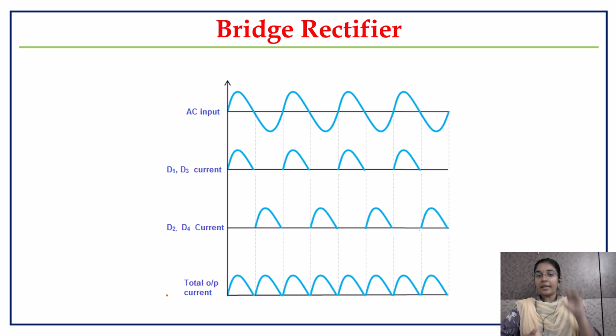Here I am combining the outputs of diodes D1, D2, D3, D4, and I am having the complete output where the entire signal that I have given as input is converted into its equivalent DC.